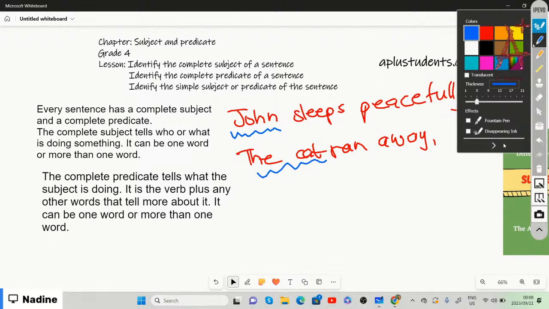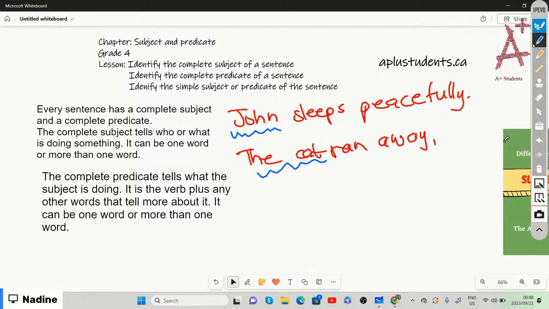Because remember, a complete sentence has a subject and it has a predicate. And the predicate within the sentence tells us what the subject is doing. So it will tell us what John is doing, it will tell us what the cat is doing.